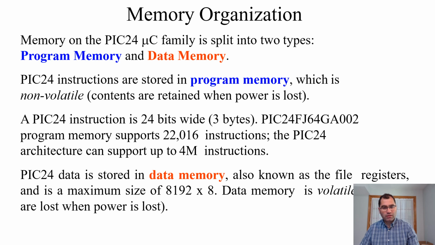And the maximum size of it is 8,192 times 8. Again, data memory is volatile, meaning the information is going to be lost when power is off. If power is gone, then you lose all the information there.